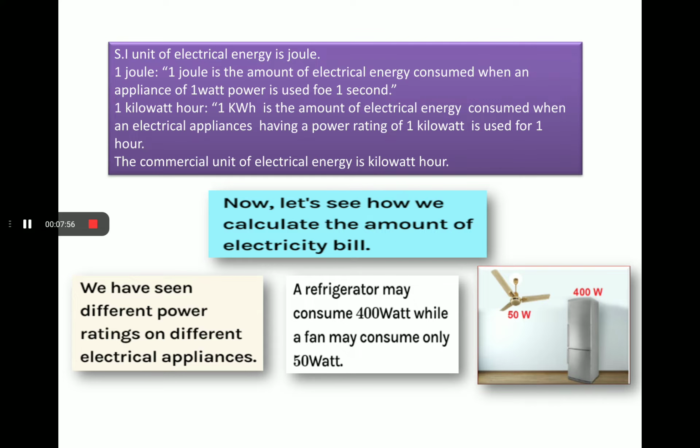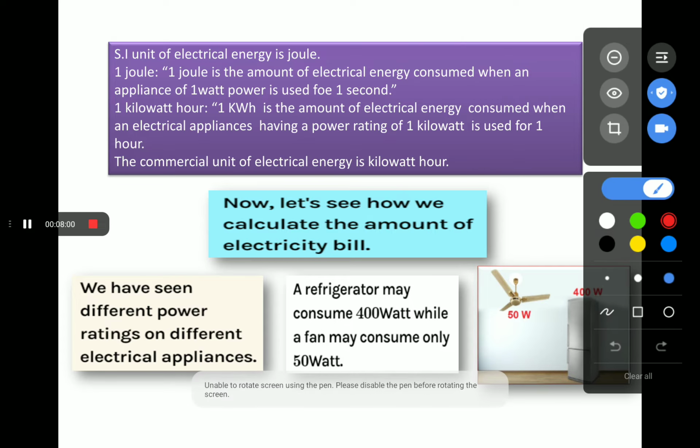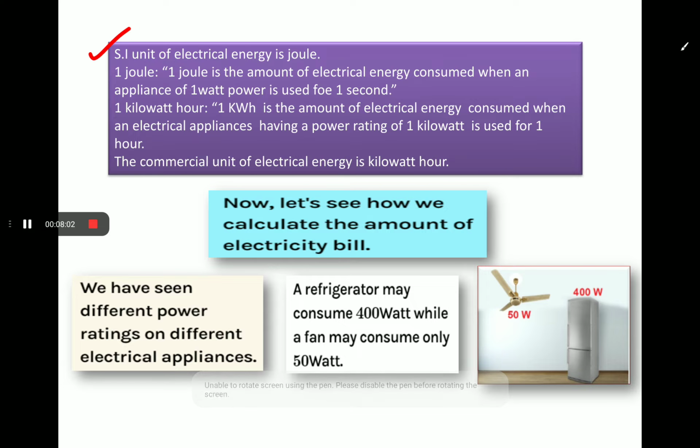Here we know that the SI unit of electrical energy is joule, and 1 joule is the amount of electrical energy consumed when a device or appliance of 1 watt power is used for 1 second.